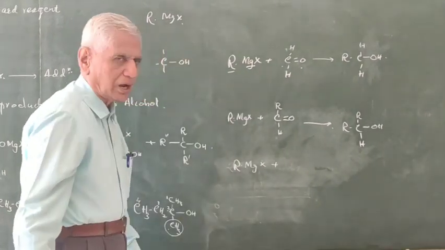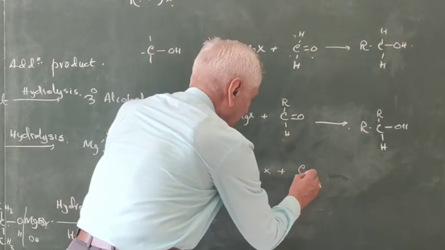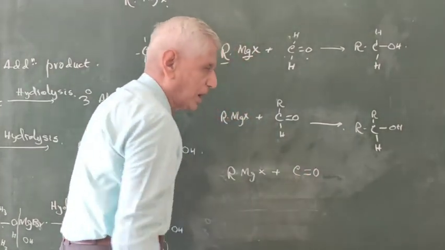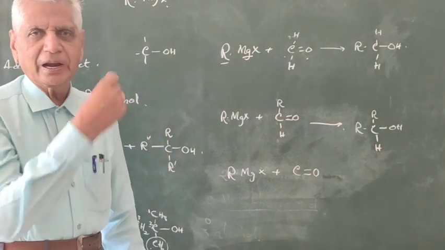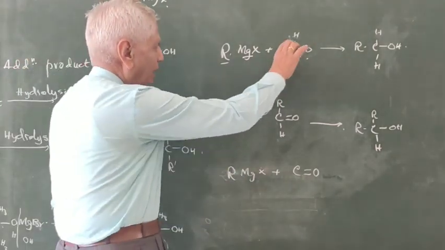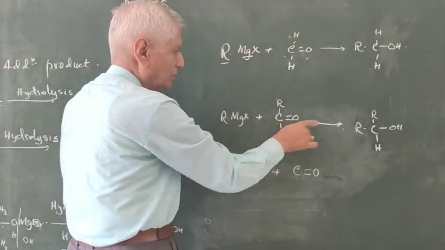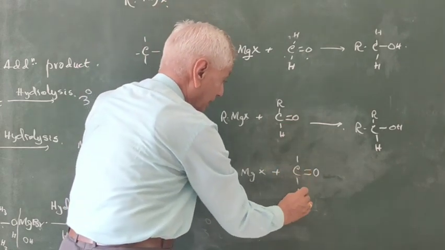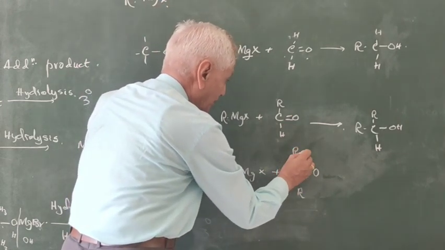And you know tertiary alcohol is obtained starting from the same Grignard's reagent, but you have to take the carbonyl group whose carbon does not contain any hydrogen. If it contains 2 hydrogens, primary. If it contains 1 hydrogen, secondary. Does not contain any hydrogen, that means a ketone.